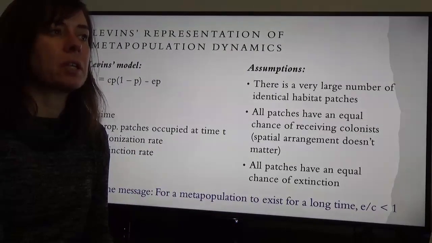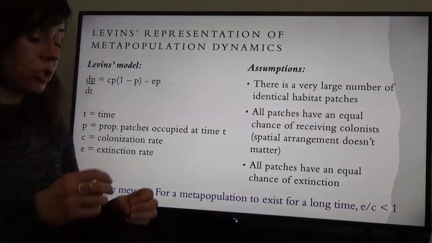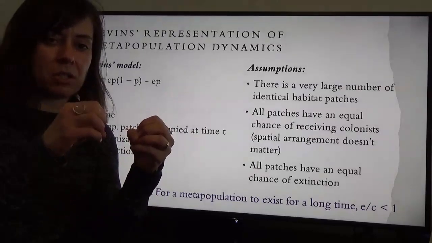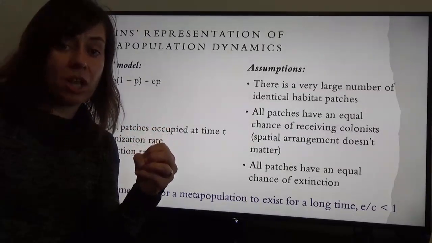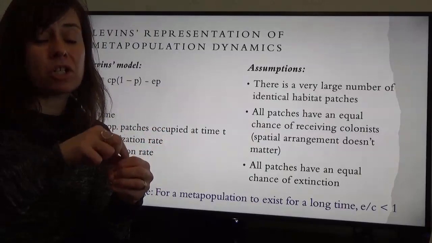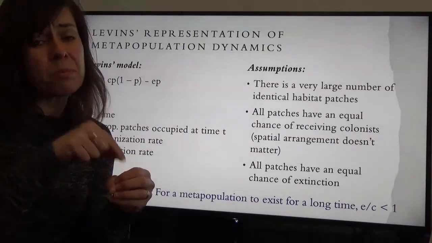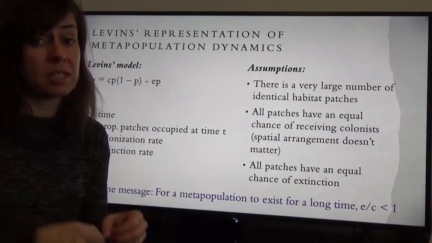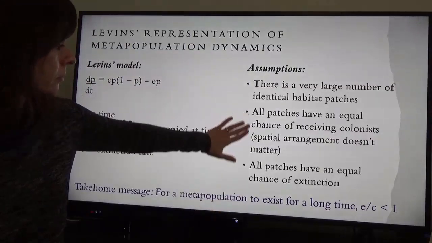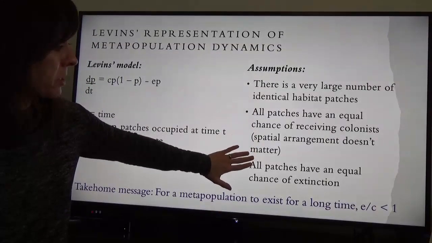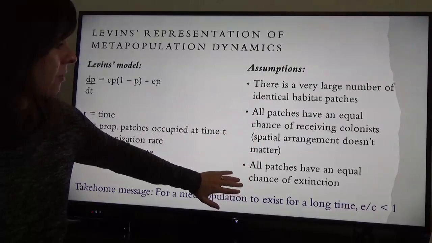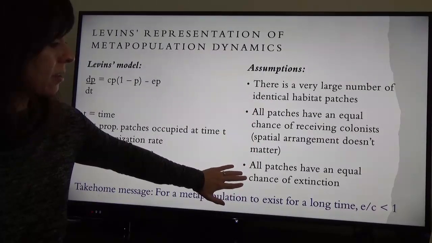If you think about an individual that's trying to disperse to a patch that's right next door to it versus a patch that's a kilometer away, it's a much higher likelihood that you're going to move to that neighboring patch as opposed to the more distant patch, okay? So spatial arrangement doesn't matter, and all patches have an equal chance of extinction.